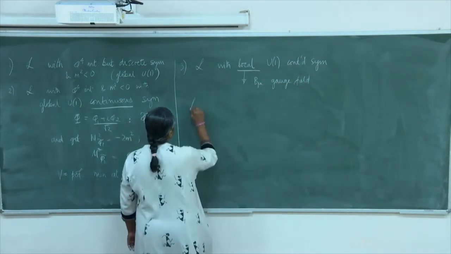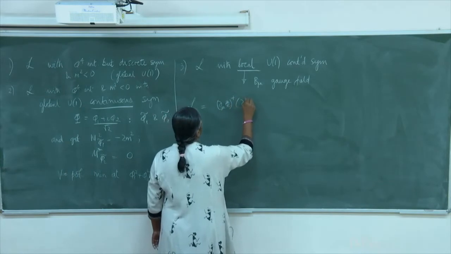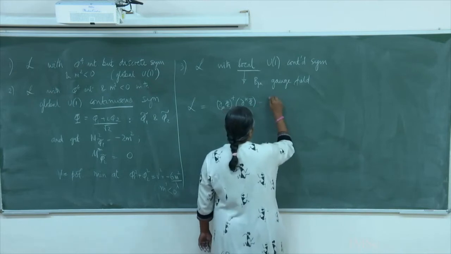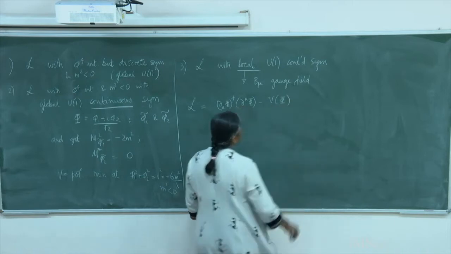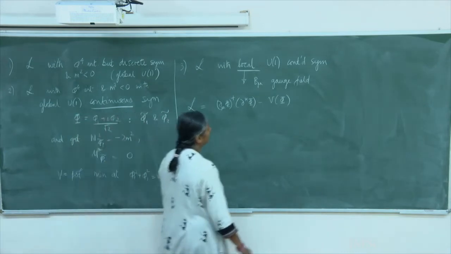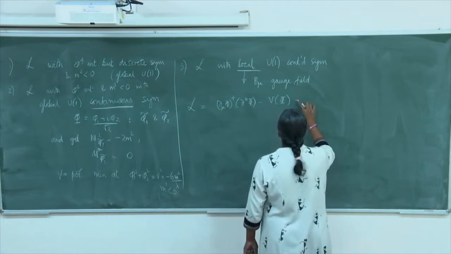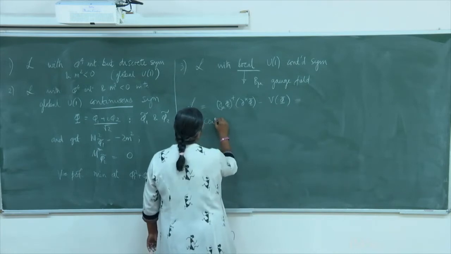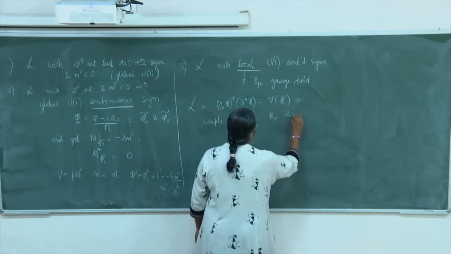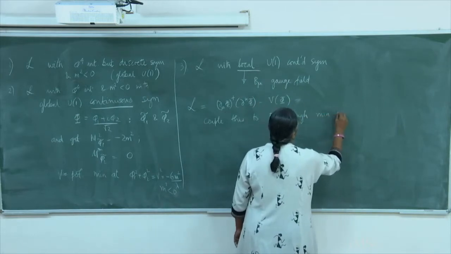So my total Lagrangian will have the kinetic energy for the scalar field, the potential, which I will write later, potential for the scalar field, and then we had, so couple this to B mu through minimal coupling. That is the way you do this, right, through minimal coupling.